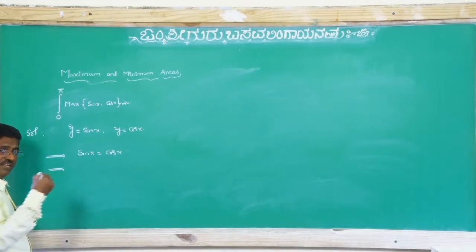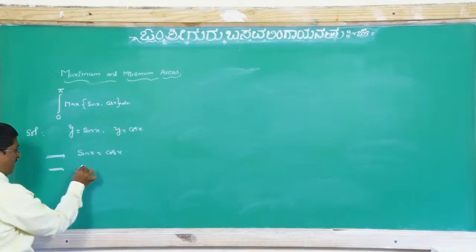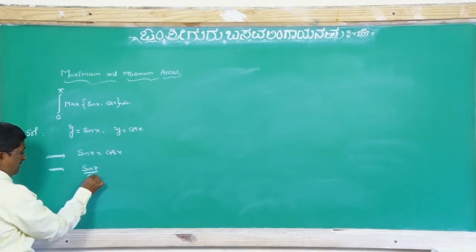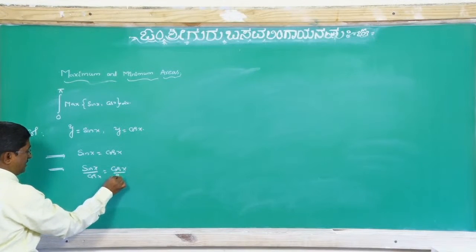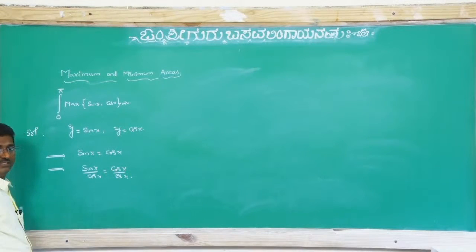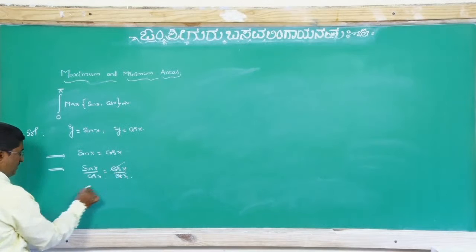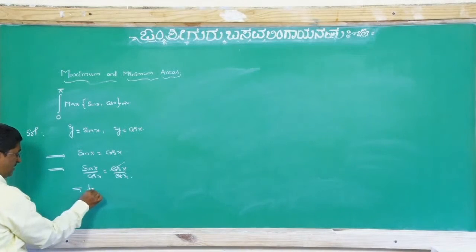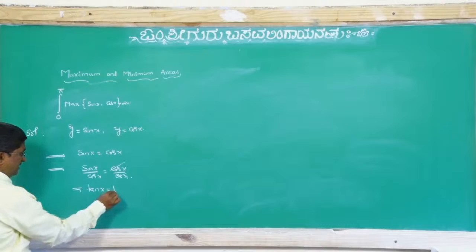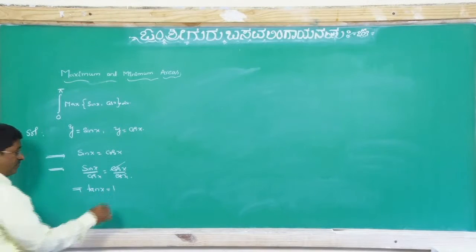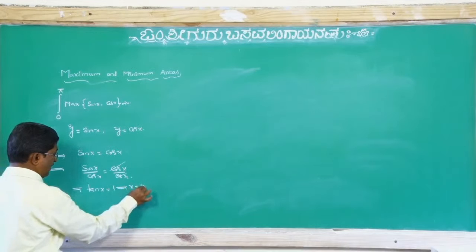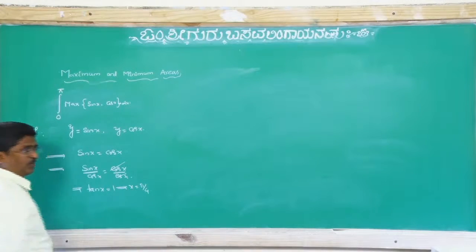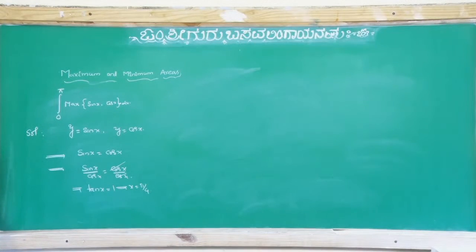Dividing both sides by either cos or sin according to our convenience, I write sin x by cos x is equal to cos x by cos x, right? cos x by cos x is nothing but 1, and sin by cos is tan x. So tan x is equal to 1, and x is equal to pi by 4. That is the first point of intersection.